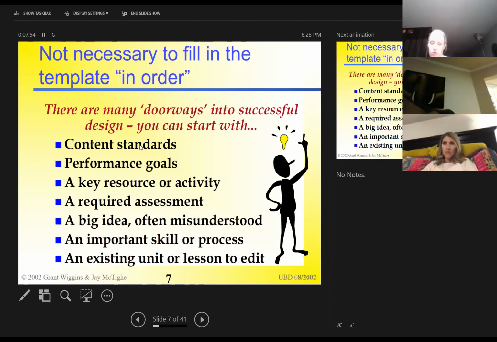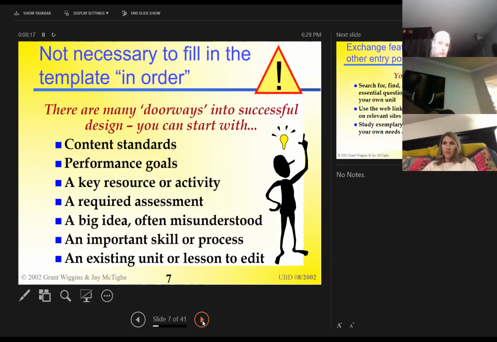But there may be occasions where you're like, that content standard, my students really didn't get the big idea out of that. They maybe can do the manipulation of formulas to come up with an answer, but they really don't know the concept. So I may start here, when I'm thinking about where I want to begin my planning, okay?